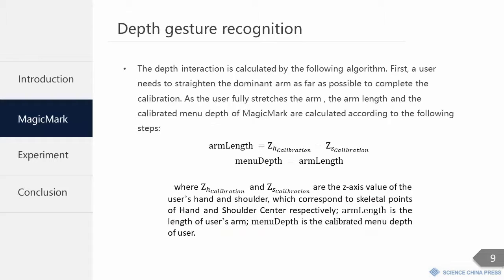In depth interaction, users first need to stretch the dominant arm as far as possible to complete the calibration. The arm length and the calibrated menu depths of MagicMark are calculated as the following algorithm.